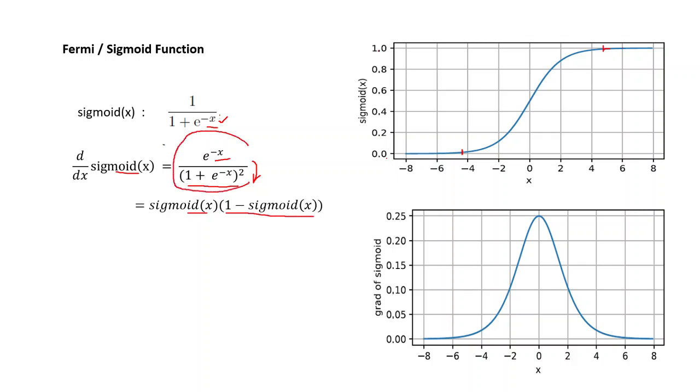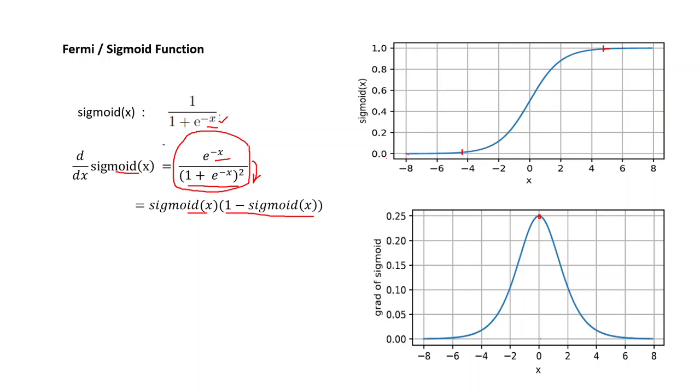Now if we plot the gradient of this sigmoid function, we can see that at the point 0, the value of the gradient reaches the maximum value of 0.25, and as the value moves towards higher values in both the negative and the positive quadrant, the value approaches 0, because it approaches constancy.